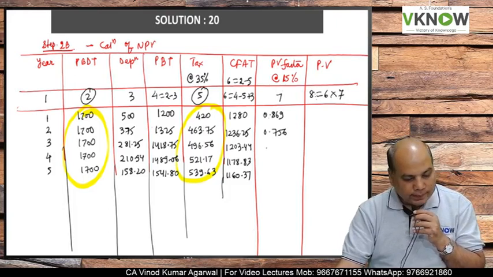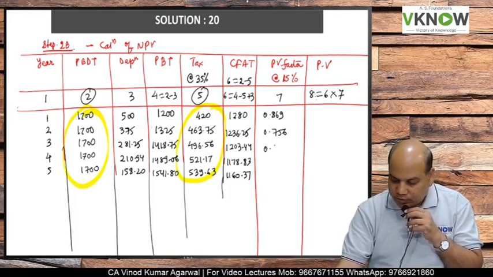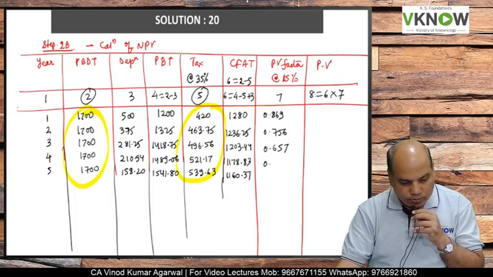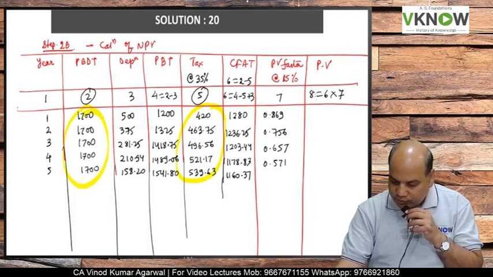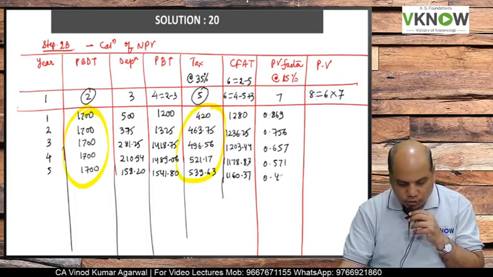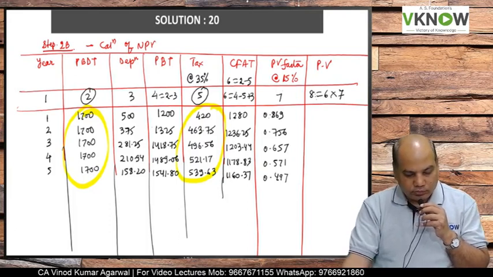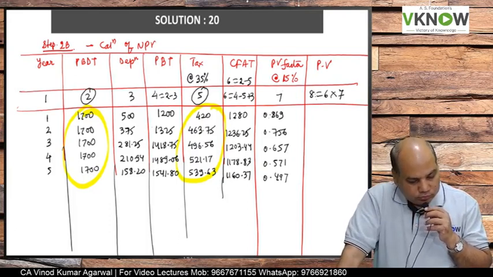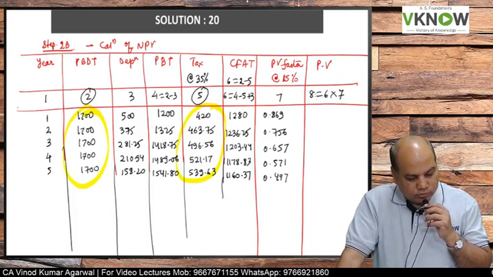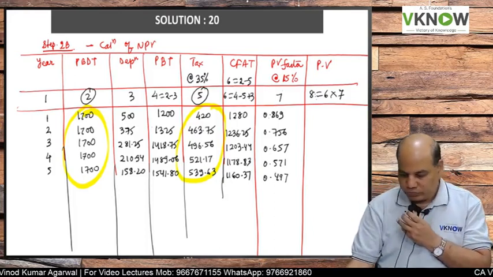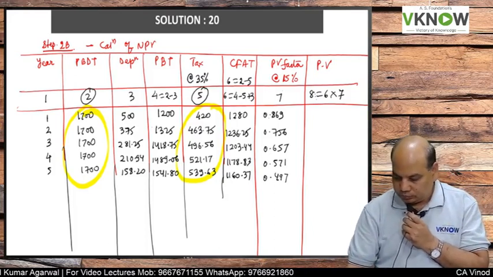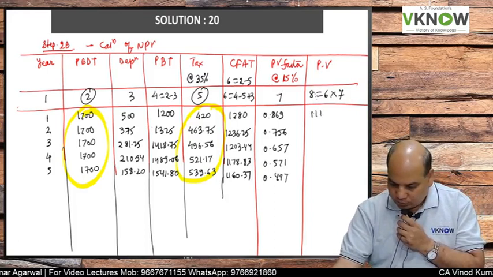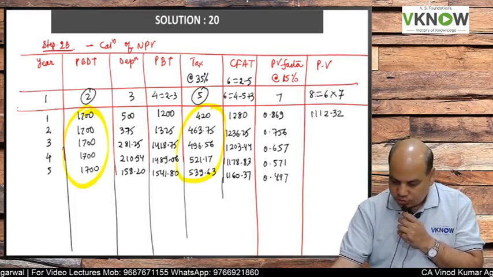0.756, 0.657, 0.571, 0.497. 1112.32. Okay.